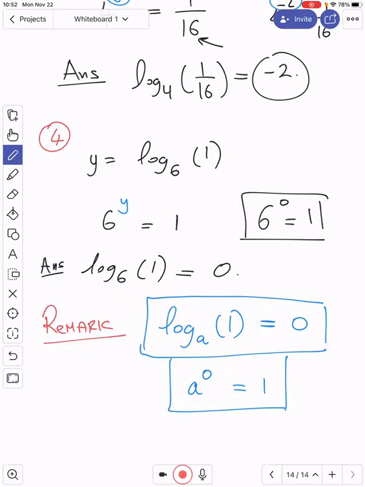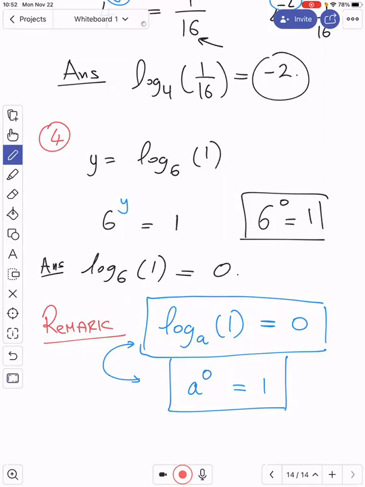That's why log of 1 in any base is 0. So keep in mind, guys, log in any base of 1 is 0. All right, next.